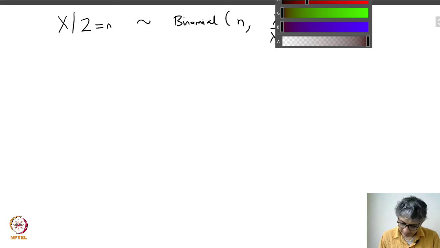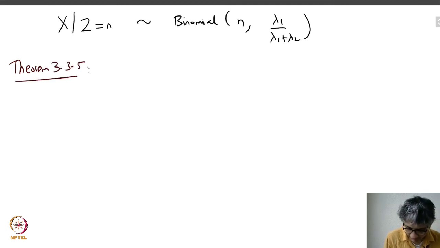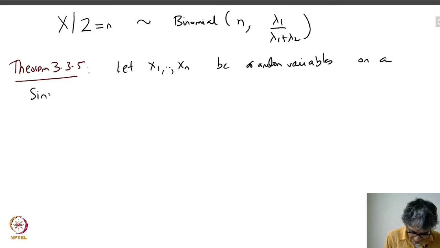So this theorem is called theorem 3.3.5 in the book. The idea is that let X1, X2, up to Xn be random variables on a single sample space S, for the time being.